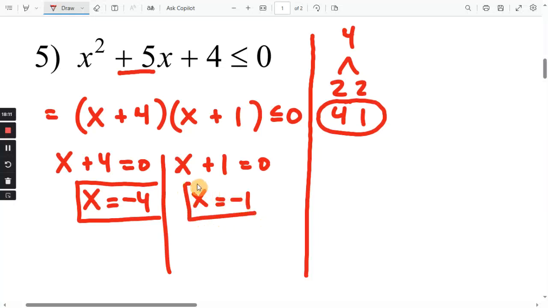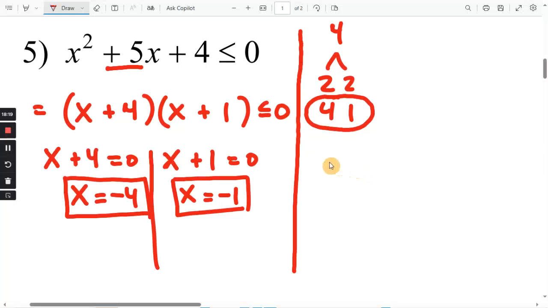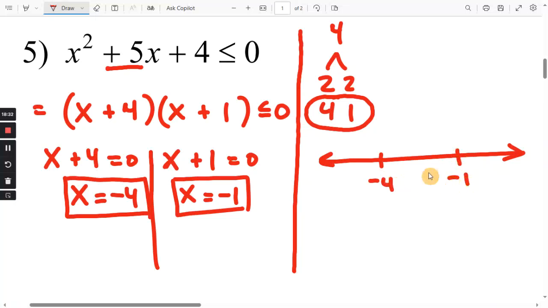So those are the zeros. All right, so on the number line, -4 and -1. -4 is going to be on the left because it's less than -1.